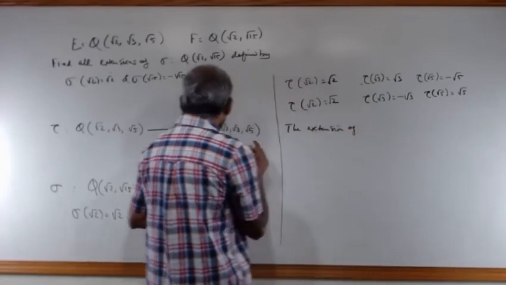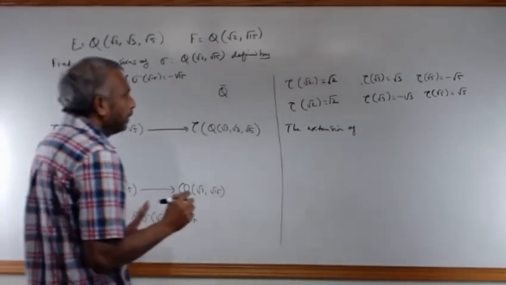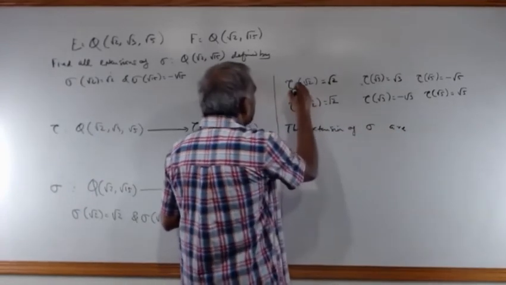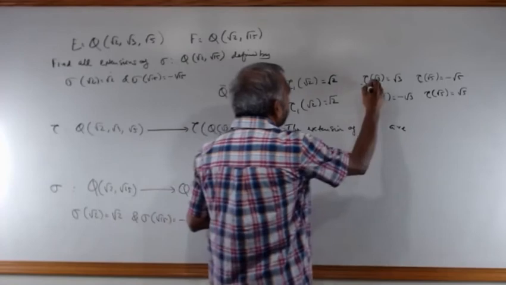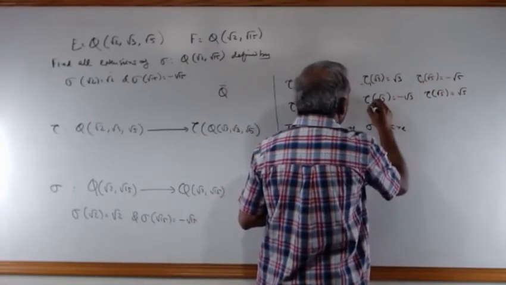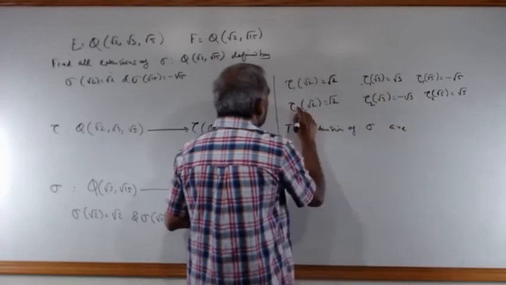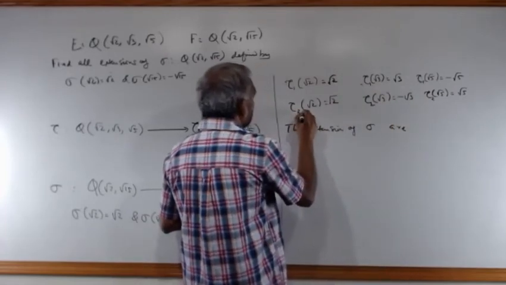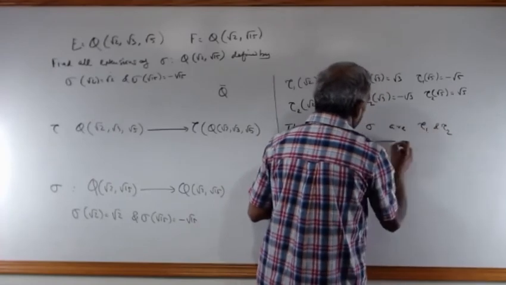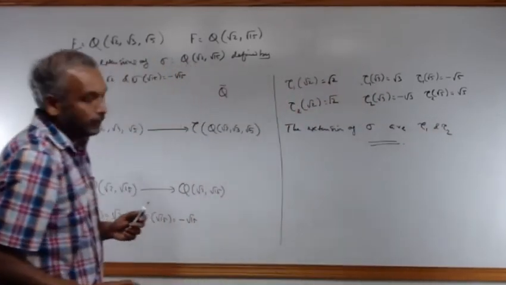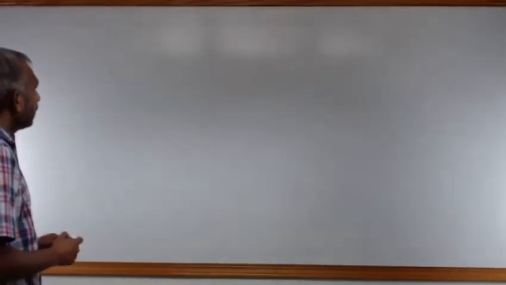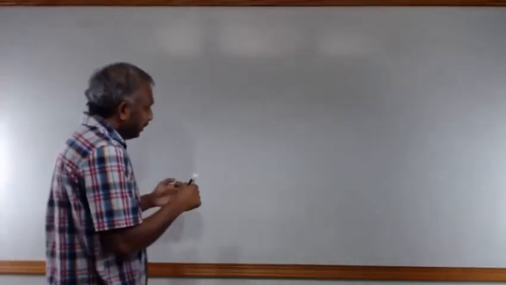There are two extensions for sigma. Let's take this tau 1, this is tau 2, or tau 1 and tau 2. Let us do one more problem on these extensions.